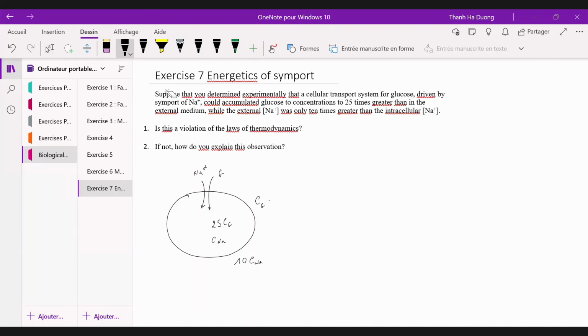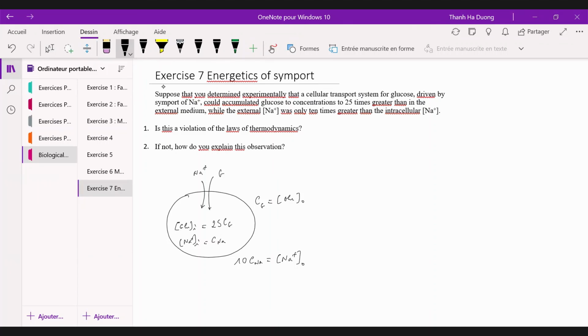So this is the glucose outside, glucose inside, sodium inside, and sodium outside. Okay?